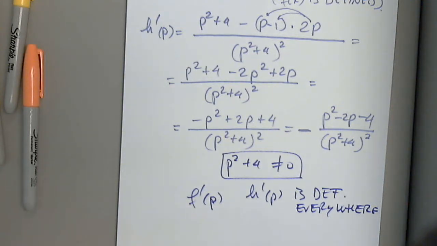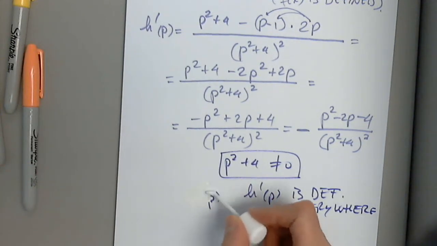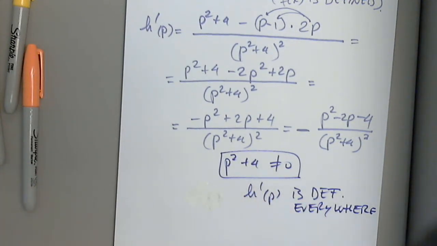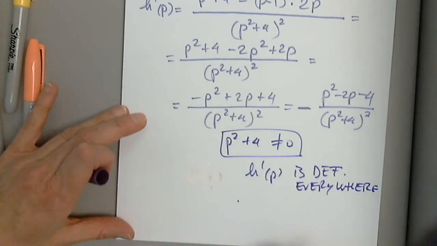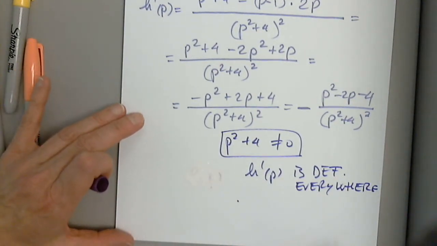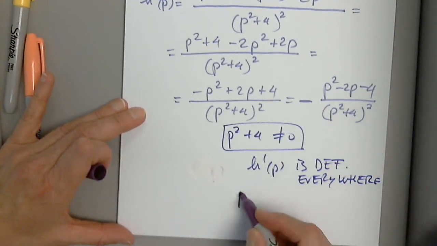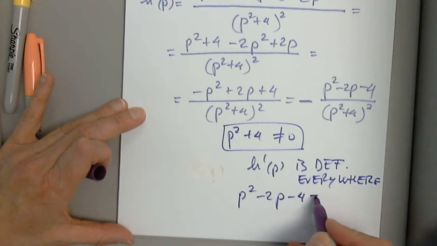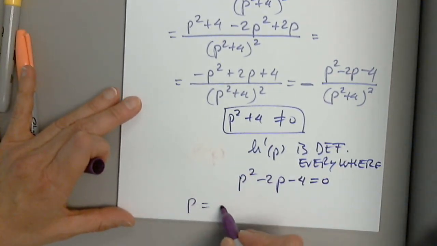Okay, so now there is one more option. What is that option? H prime of p to be 0. Very good. So that means which portion of this function is 0 if the entire function is 0? The top. P squared minus 2p minus 4 equals 0. Quadratic formula.